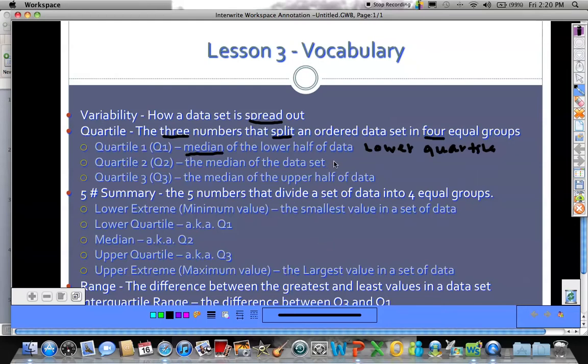Quartile 2 is also considered the median, so the median of the entire data set. So this is the median, the middle of all of the numbers. This dealt with lower half, now we're talking about all the numbers. And then Q3, or the upper quartile, is the median of the upper half of the data.